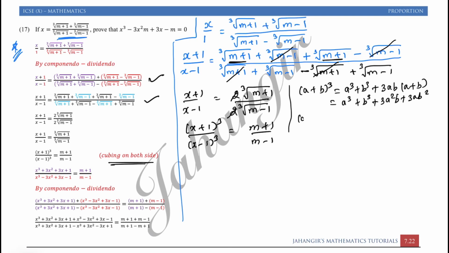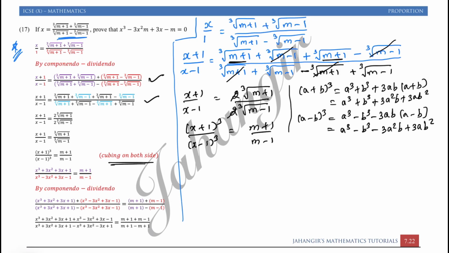Now same way, a minus b whole cube, we will write a cube minus b cube minus 3ab into a minus b. This you had done last year in the expansion chapter. A cube minus b cube minus 3a square b plus 3ab square.